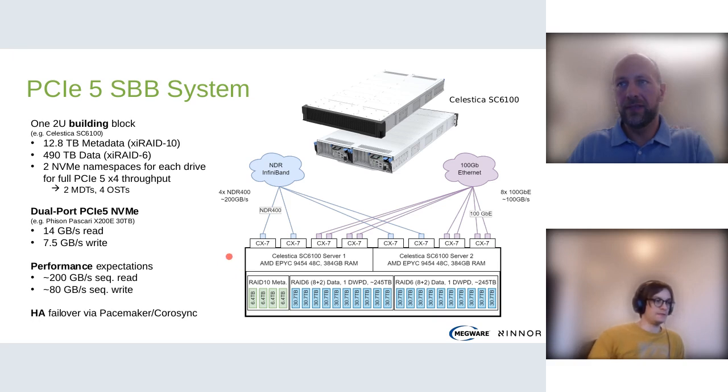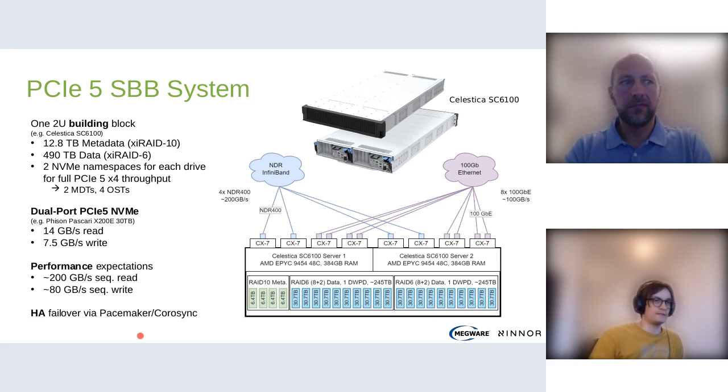Yeah, and to show you some real life example of what kind of hardware you could use nowadays to build such a highly available solution based on xiRAID with Lustre, or in the end you don't have to use Lustre, you can use anything else, but we just tested with Lustre because we got the best performance with Lustre.